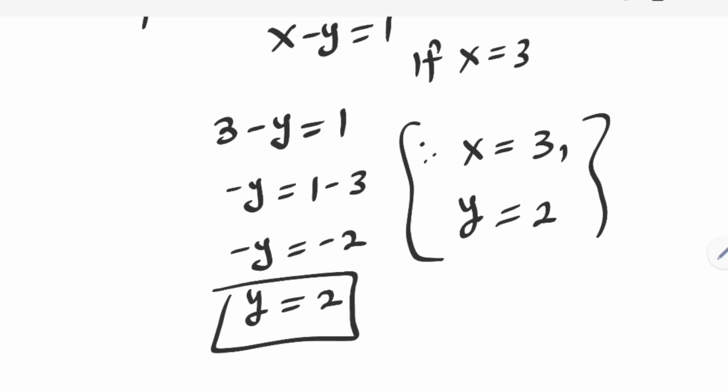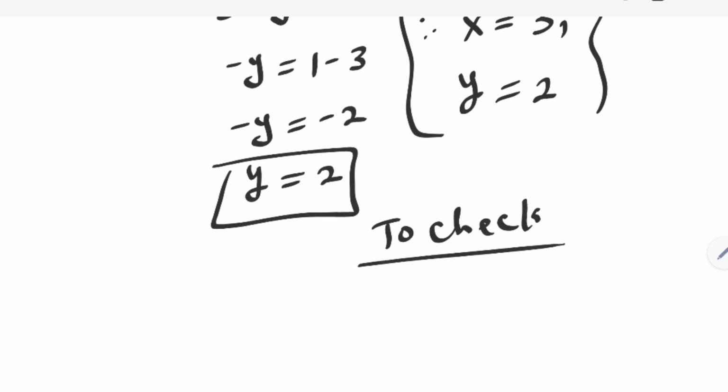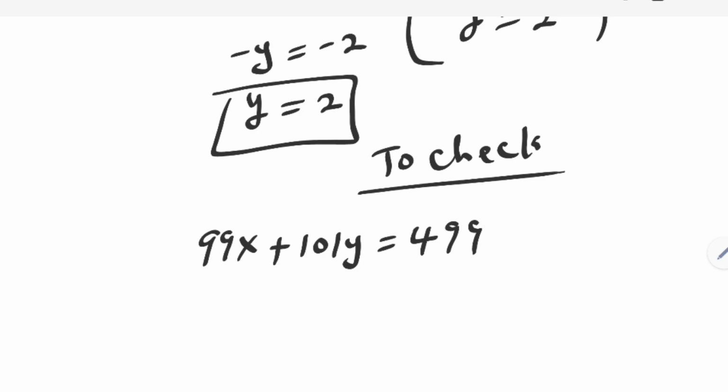We may check to confirm if this answer is right or wrong. Let's check. To check, we have the given equation 99x plus 101y is equal to 499.